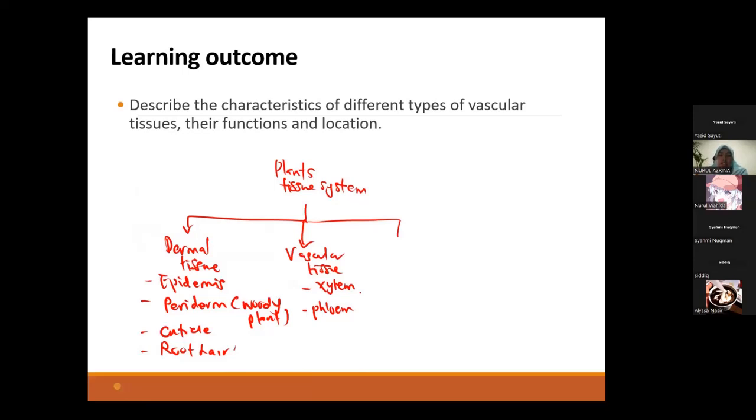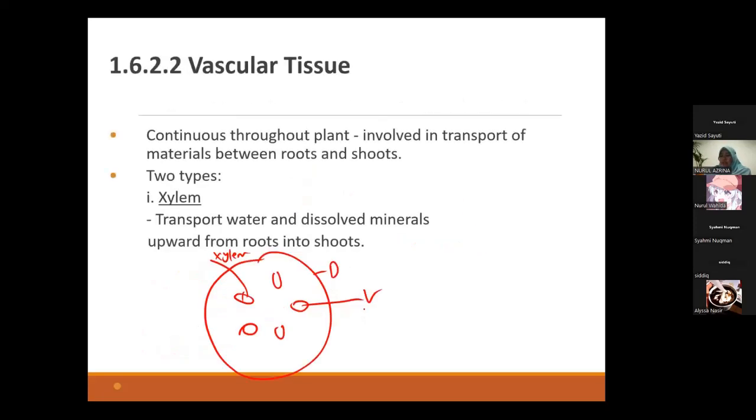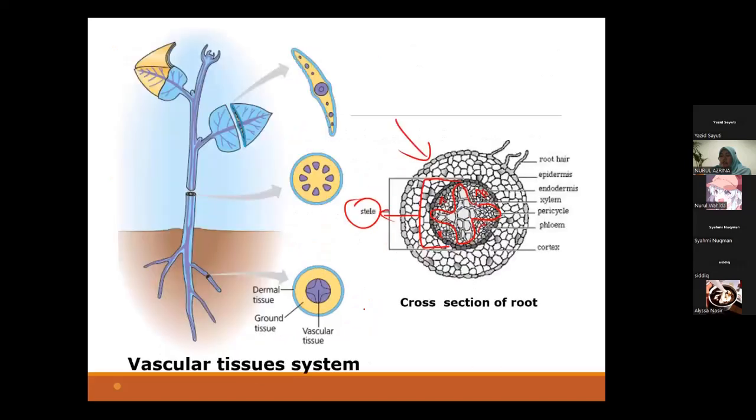The function and other specialized function of phloem, for example, and the name given for the vascular tissue in angiosperm. Okay, yang kita panggil sebagai stele tu, kan? Right, and the third one is ground tissue. Okay, ground tissue. All right, vascular tissue settle.